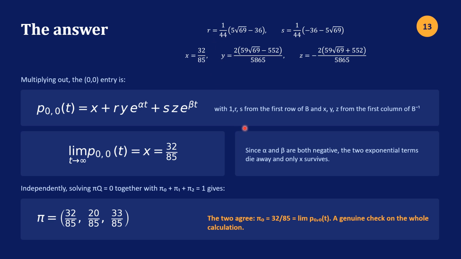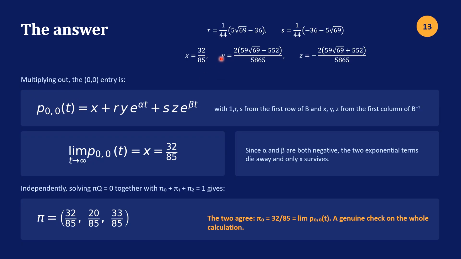The first row of B is 1, and then r, and then s, and the first column of B inverse is x, y, and z. So if you just multiply the B times the matrix at the bottom of the previous slide, the diagonalization, and then times B inverse, you'll get this formula for P_00 of t.